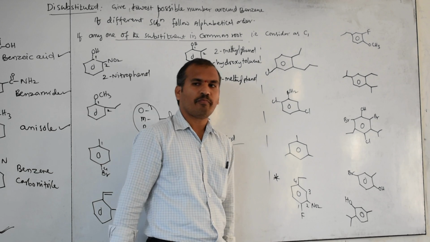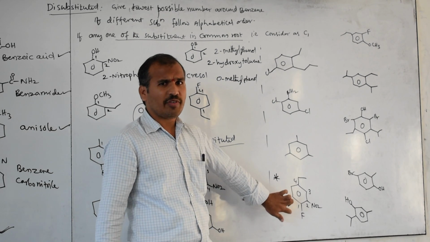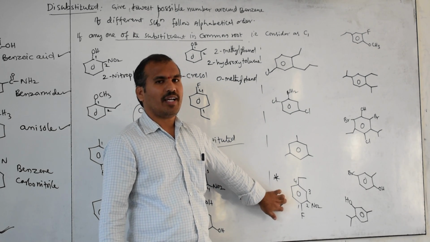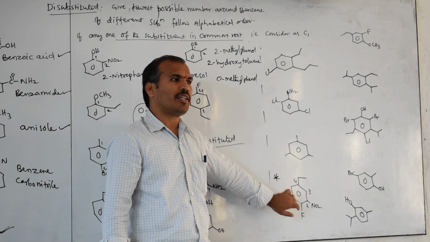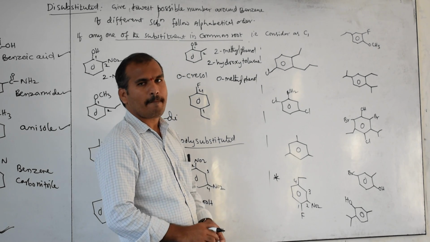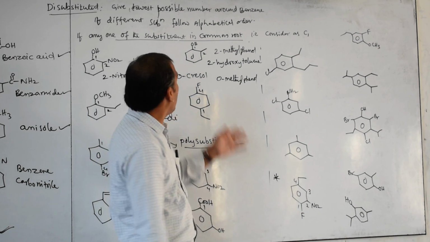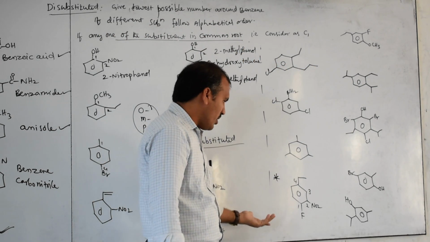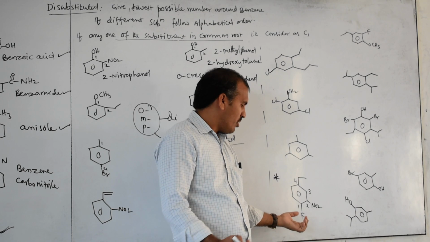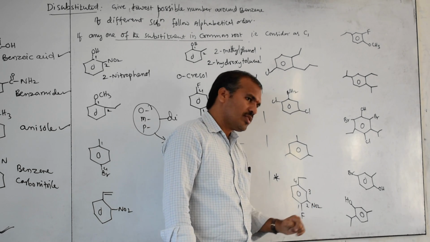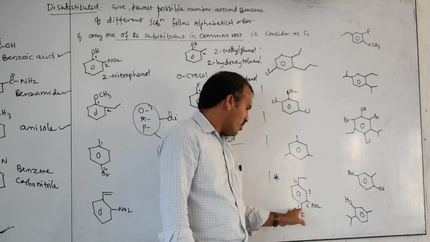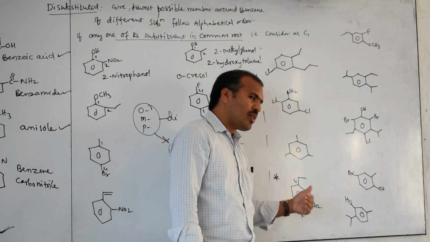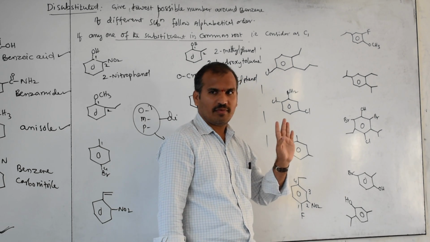Name it. This is given in your textbook as a solved question. Alphabetical order we have to follow here also. If different substituents are there, follow alphabetical order. Ethyl is there, fluoro is there, nitro is there. 4-ethyl, 1-fluoro, 2-nitro, benzene.